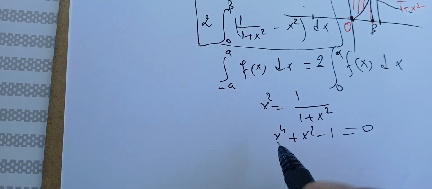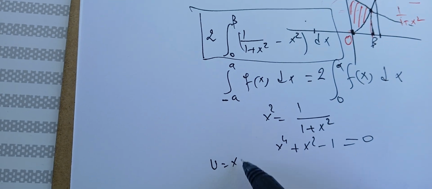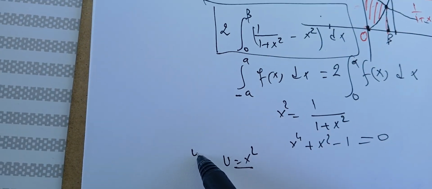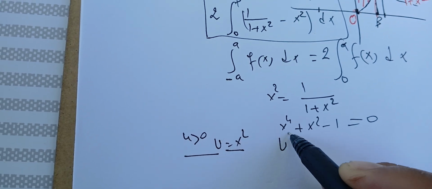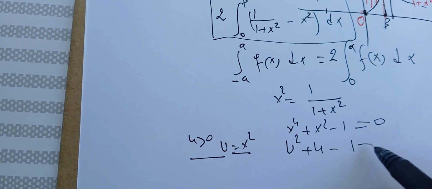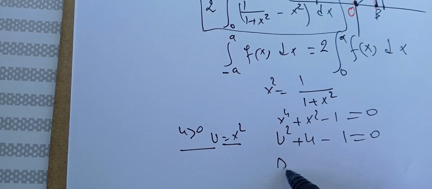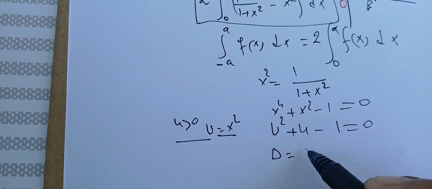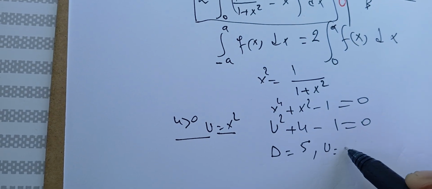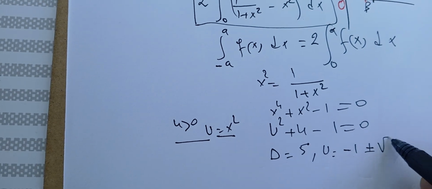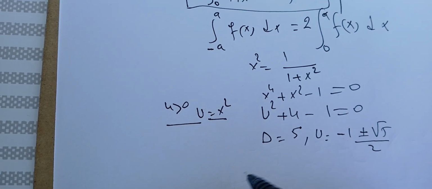Now I can let u equal x squared, and u has to be positive. So here I have u squared plus u minus 1 equals 0. I can use the discriminant, and I get 5. Therefore u is minus 1 plus or minus square root of 5, over 2.